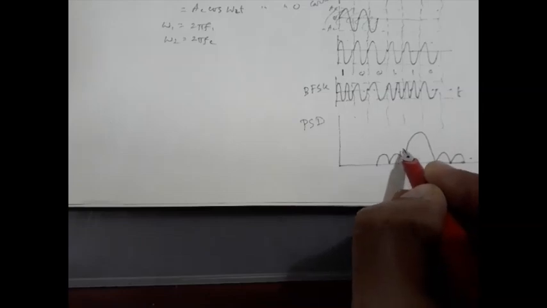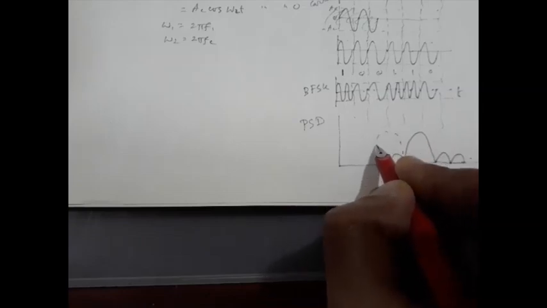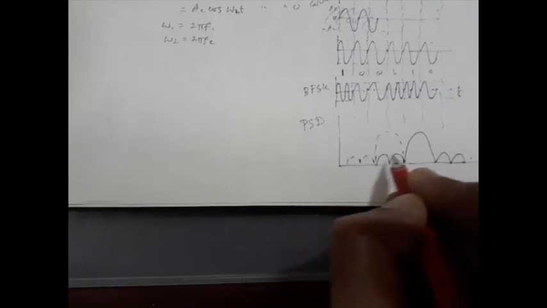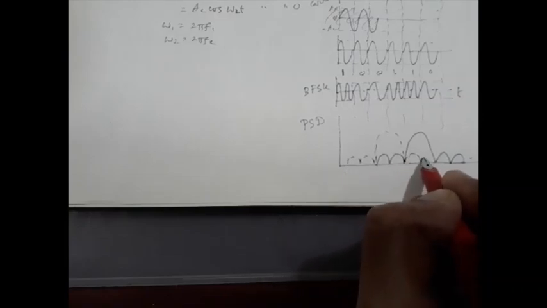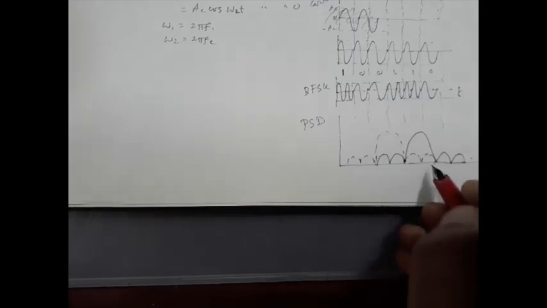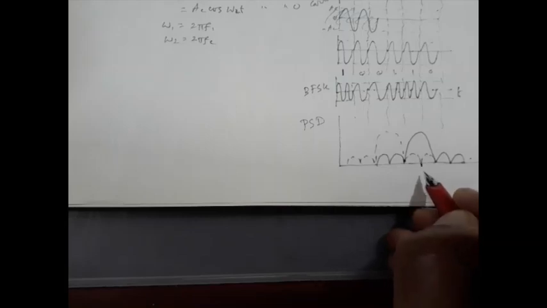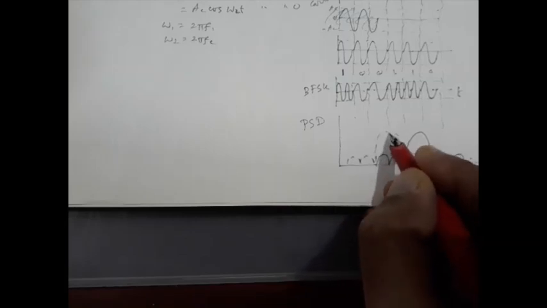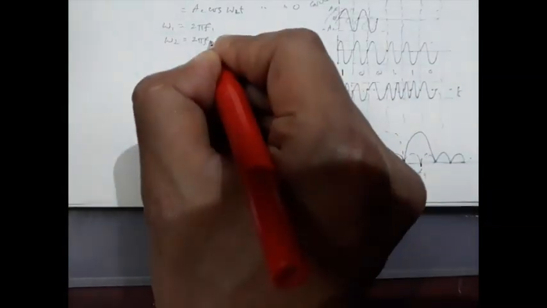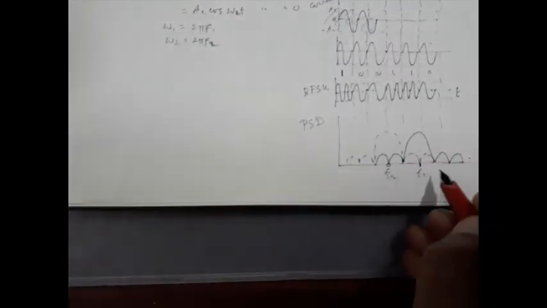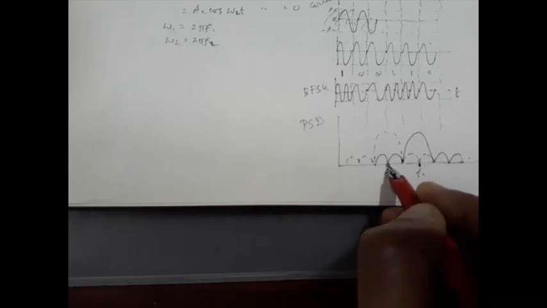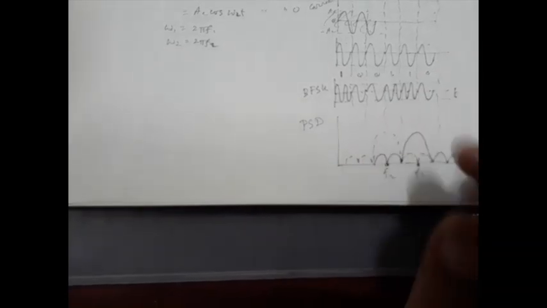For the other carrier, this one is F1, this one is F2. So we have two frequencies. F1 is for logic 1, F2 is for logic 0. So this will be the waveform.